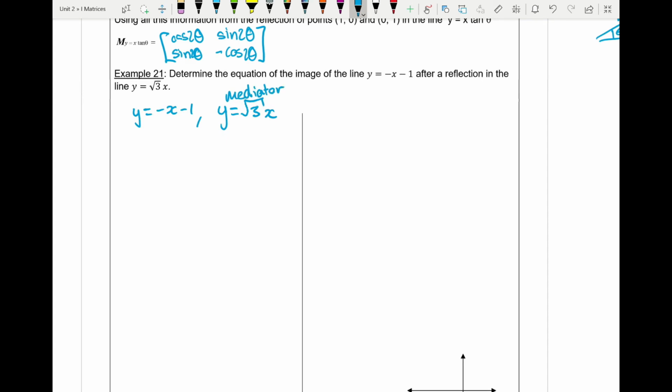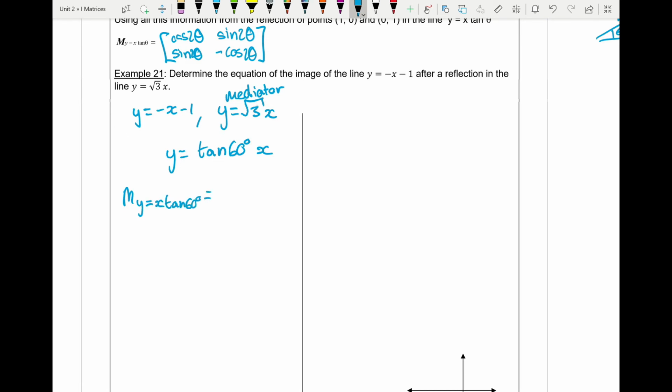That's the same as y equals tan of 60 degrees times x. Yes, that's right. Our exact trig values are back. Everyone's favorite. So what does this mean about our mediator? Our mediator is y equals x tan 60.